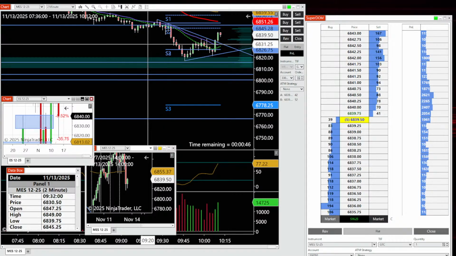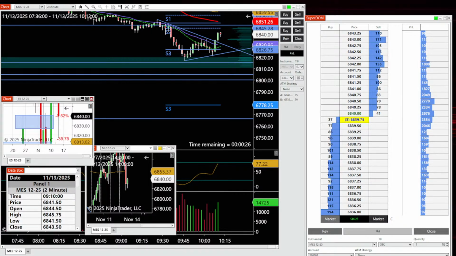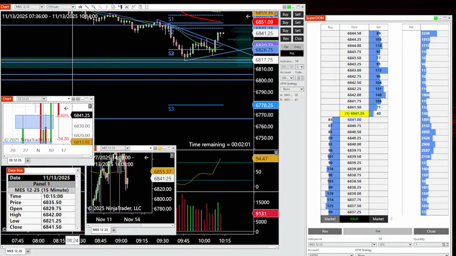$37, $39. We can get to 47. The 15-minute bar opened up where the market opened up at 47. Okay, see what this bar does.